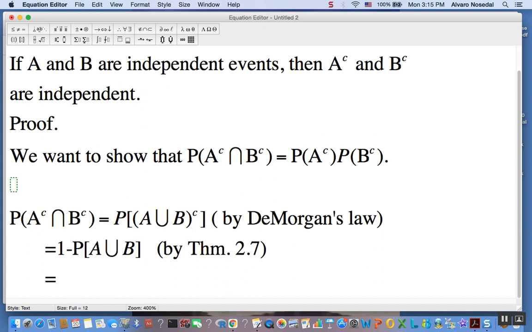Now, that's the probability of a union. Okay?